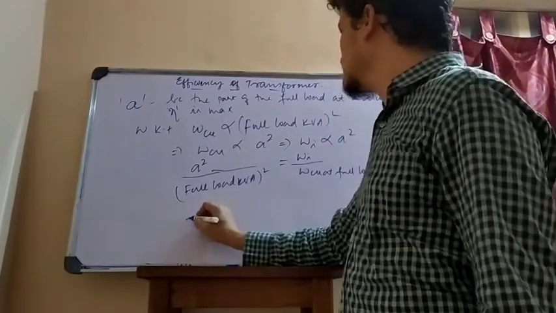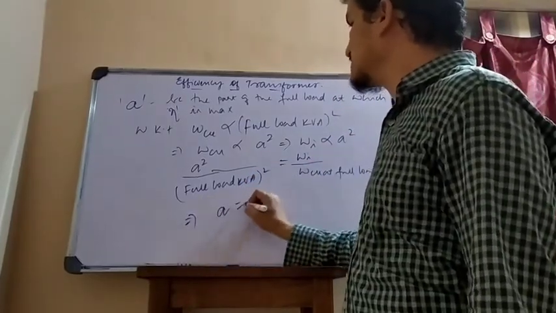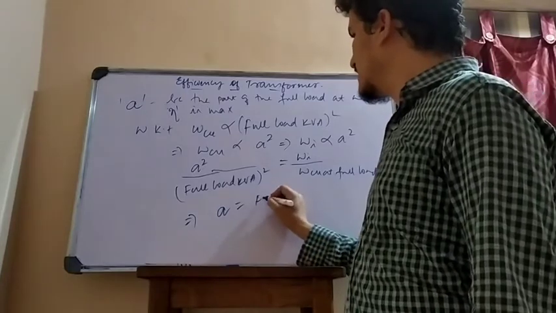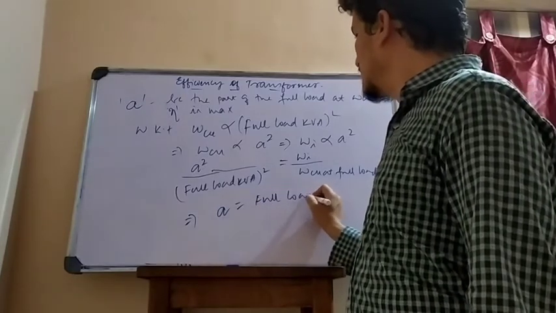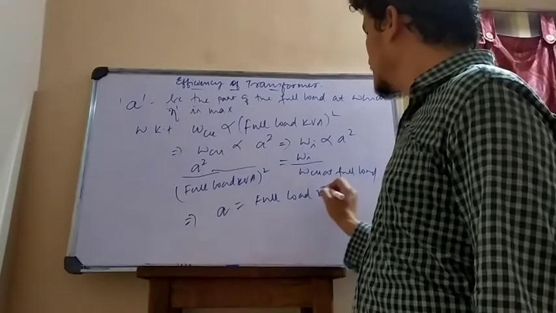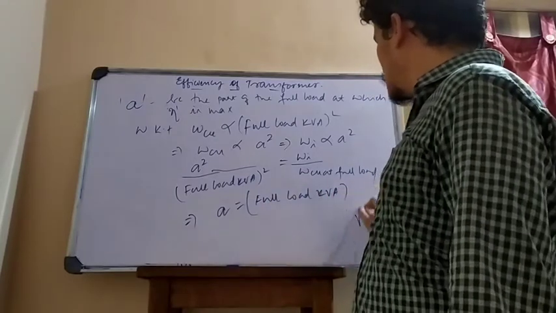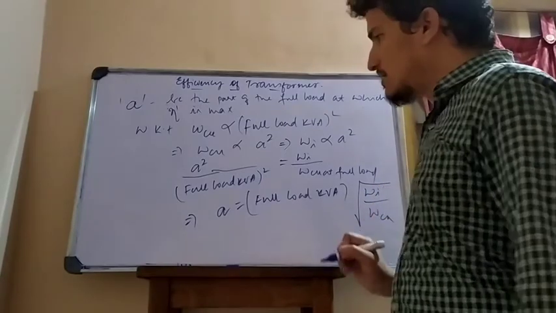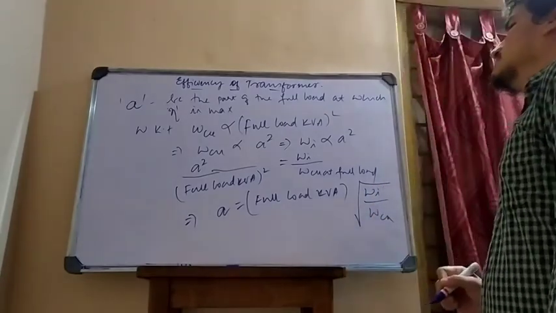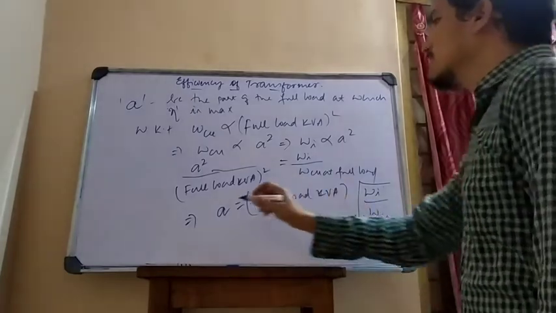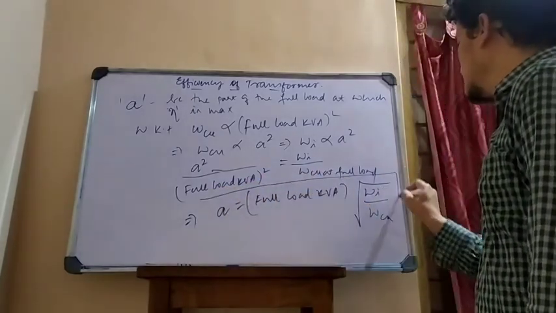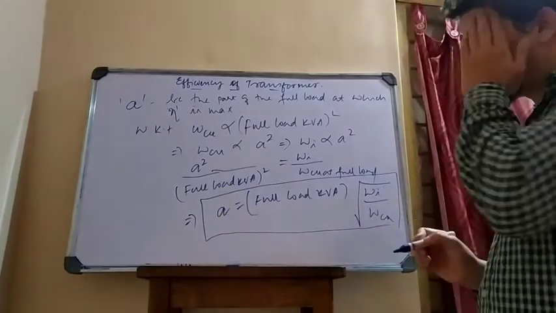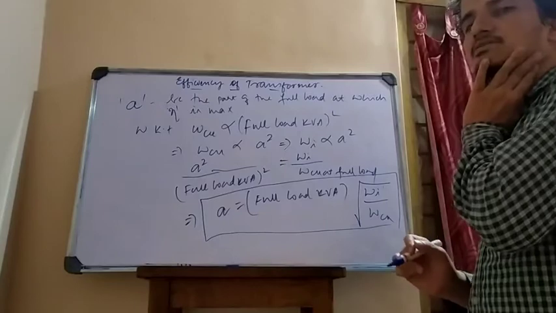So this implies A must be equal to full load kVA times the square root of Wi divided by WCU. So this is the load at which the efficiency is maximum.